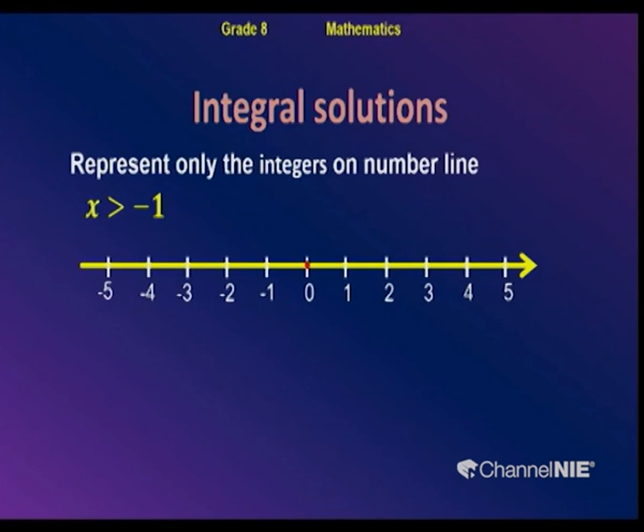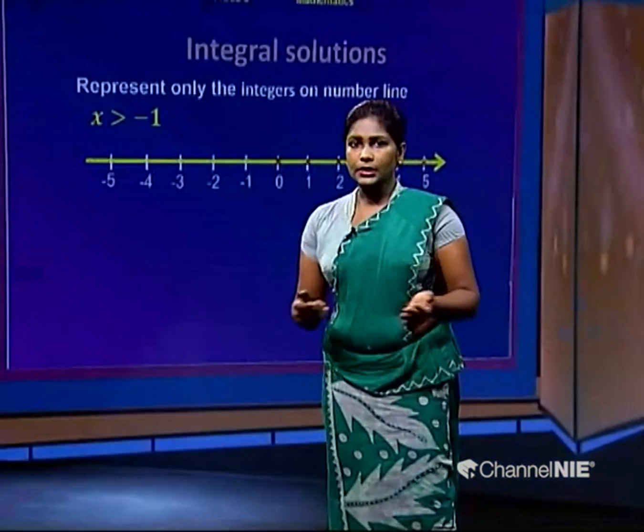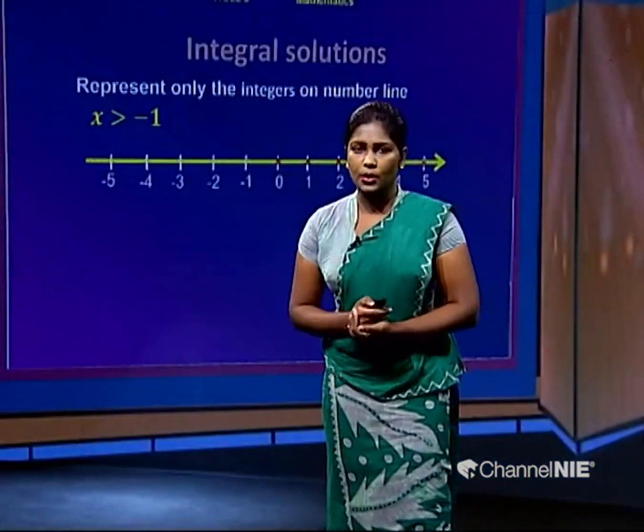Now, first, you know what the solutions of this are. X is greater than minus 1 means you can take 0, 1, 2, 3, 4, 5. Here, we are talking about integral solutions.